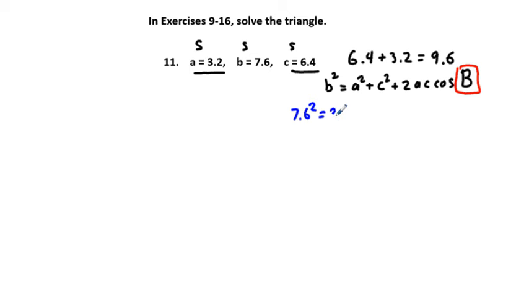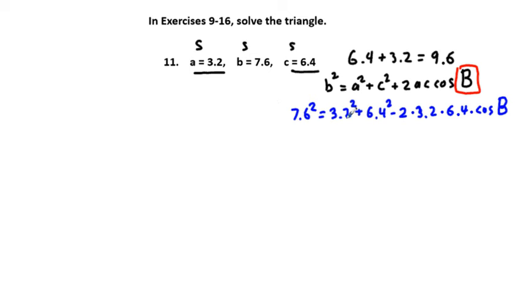Well, a is 3.2 plus c, which is 6.4 squared, minus 2 times 3.2 times 6.4 times cosine of angle B, which we do not yet know. So that is our unknown right here.